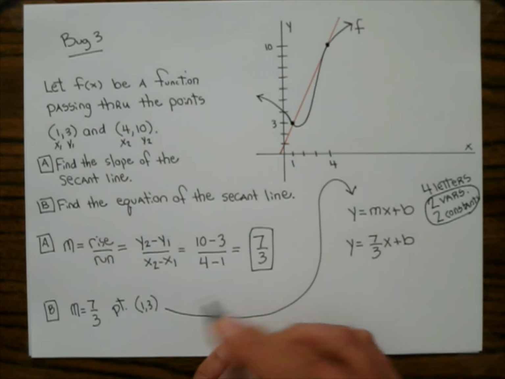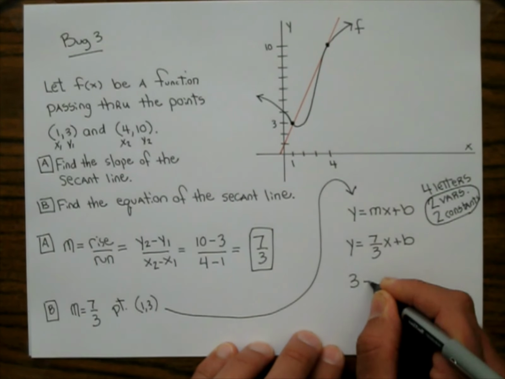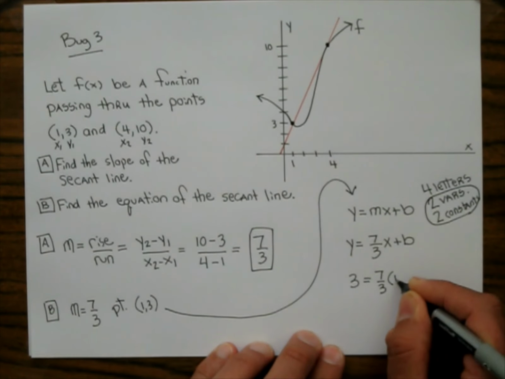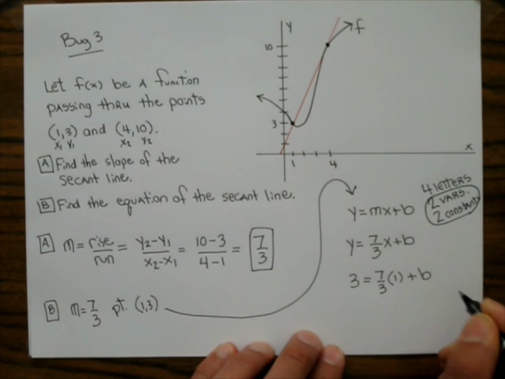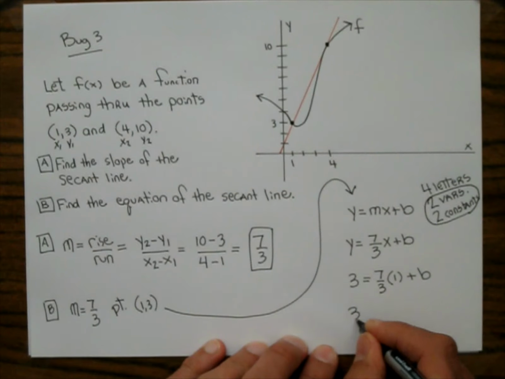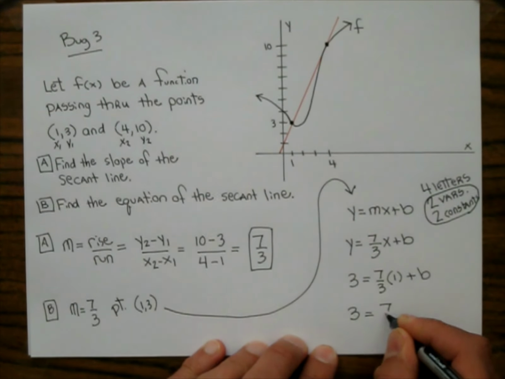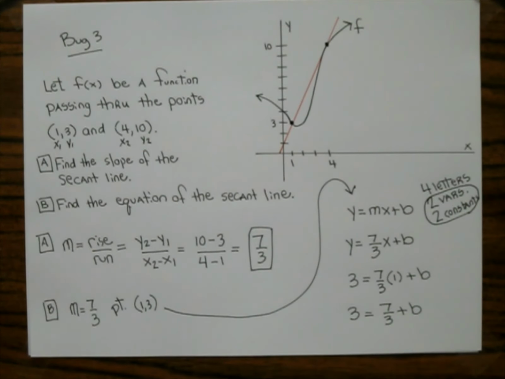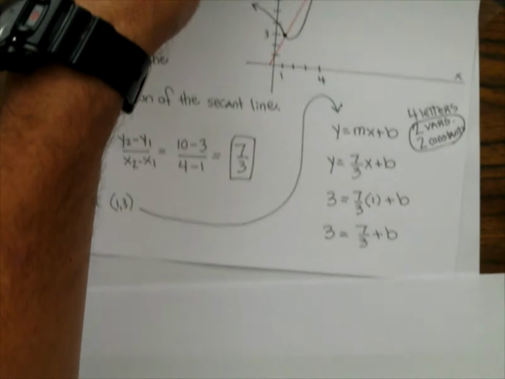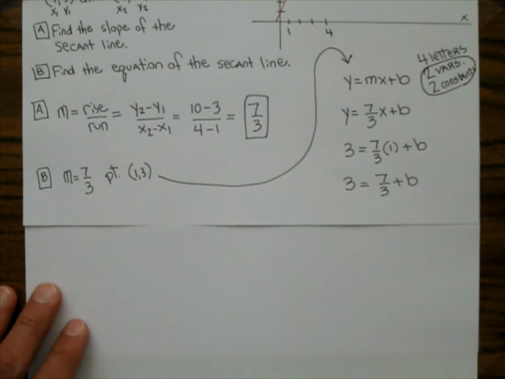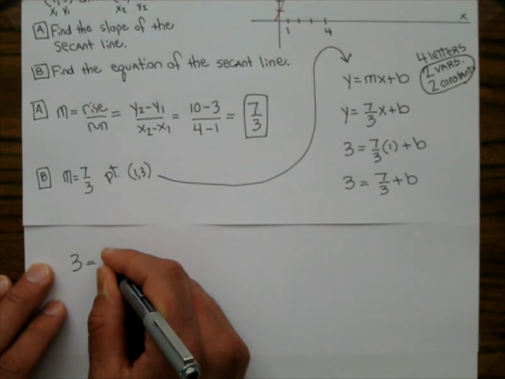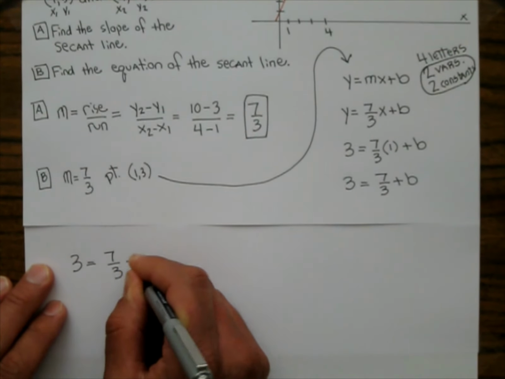It's a variable, and in this case we have 3 equals 7/3, and then here's x1, plus b. 3 equals 7/3 plus b. I suppose I should just use another piece of paper here, and I probably should have done that earlier. Okay, so I'll write this up here. So 3 equals 7/3 plus b.